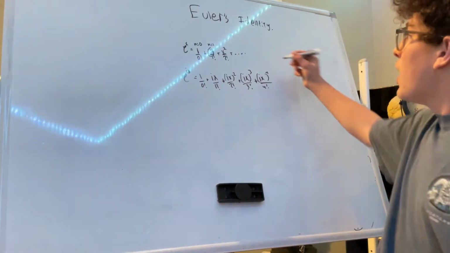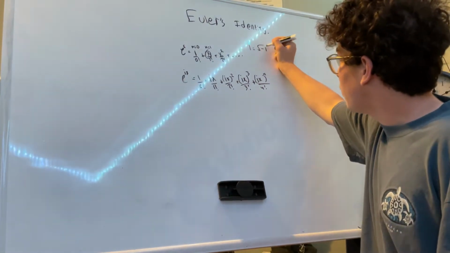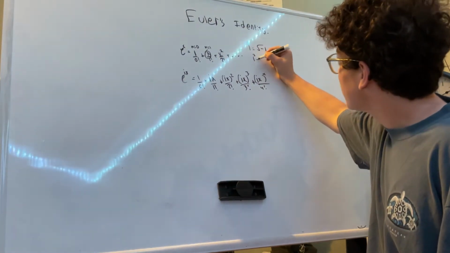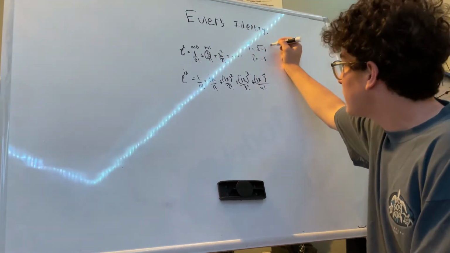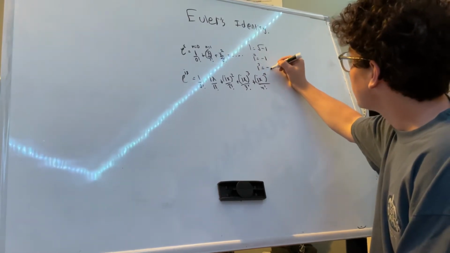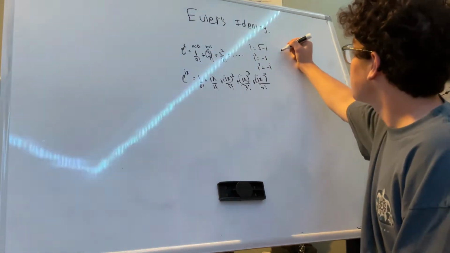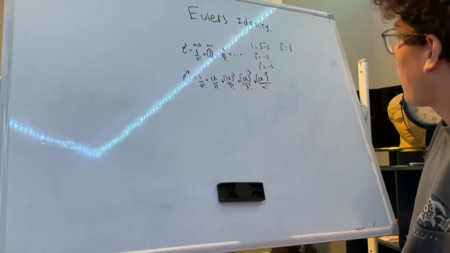We need to know that i is equal to the square root of negative 1. i squared is thus equal to negative 1, just because if we square this, we get negative 1. Then we know that i cubed is equal to negative i, and that i to the 4th is just equal to 1.